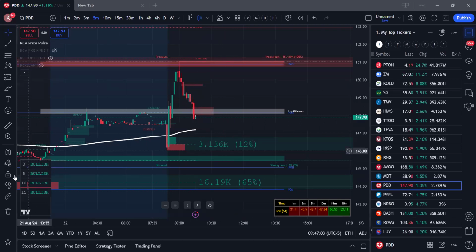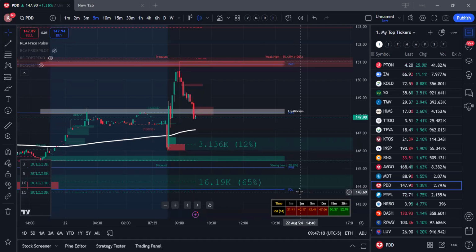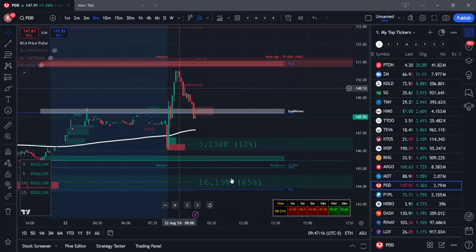One is your trend is green, which is good, right? Overall, it is telling that it is a bullish ticker. But as of now, sellers are still in control in all these different time frames. So when this 135 turns green, PDD will start moving up, right?